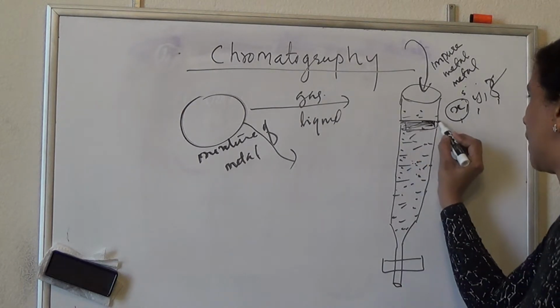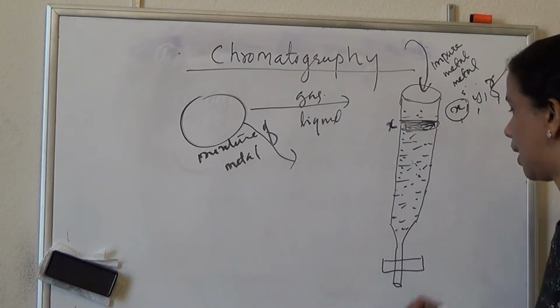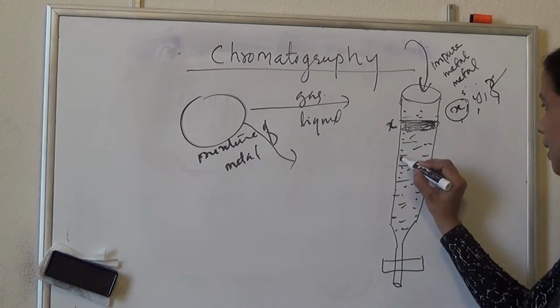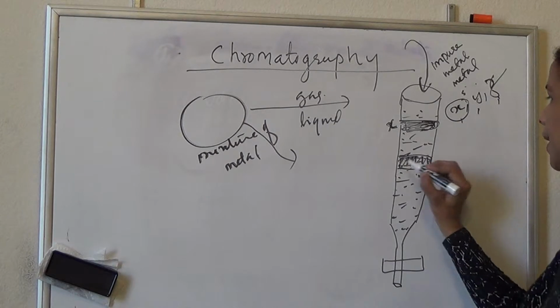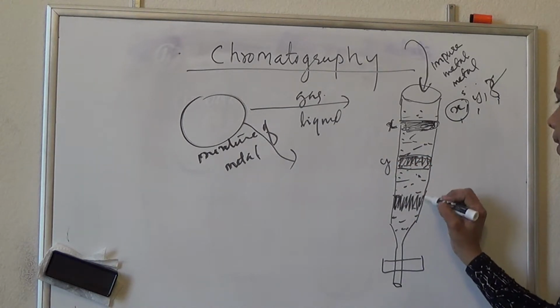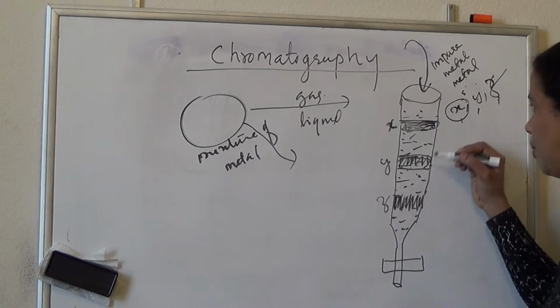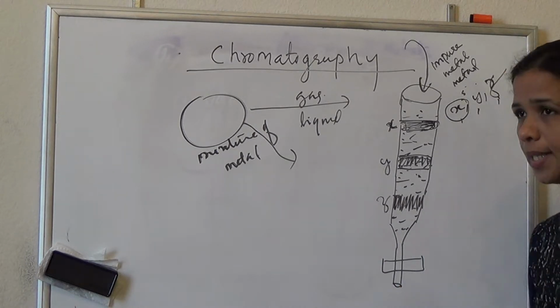X has more adsorbing tendency, or more affinity towards the reagent filled in the column, so X will adsorb first. Then after some time the other one, Y, will be adsorbed here, and Z, which has the least affinity towards this reagent, will adsorb here. So they are separated into three or more, depending on the number of components present.